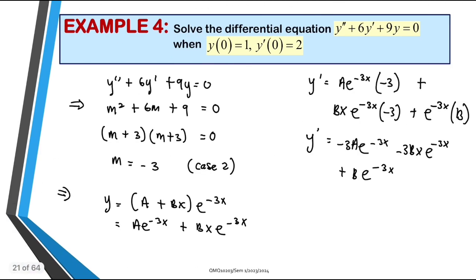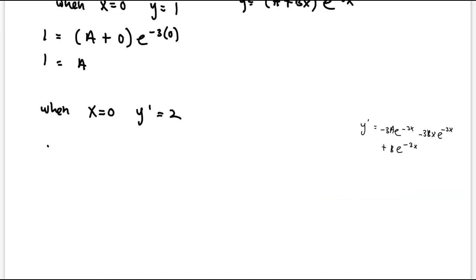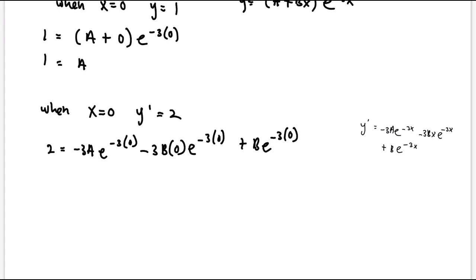So what is our y prime? So let's copy this one. So we have 2 equals minus 3a times e^(-3 times 0) minus 3b times 0 times e^(-3 times 0) plus b e^(-3 times 0).